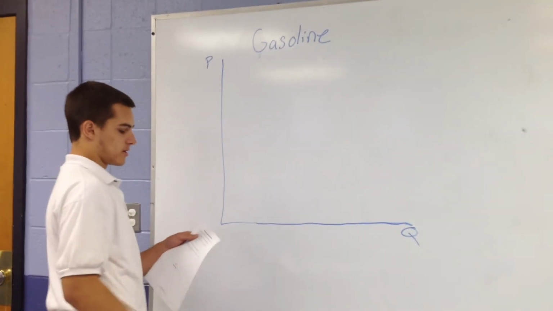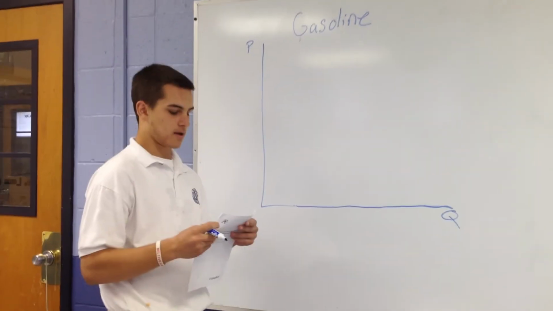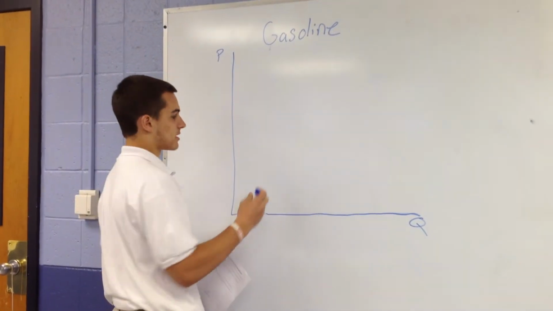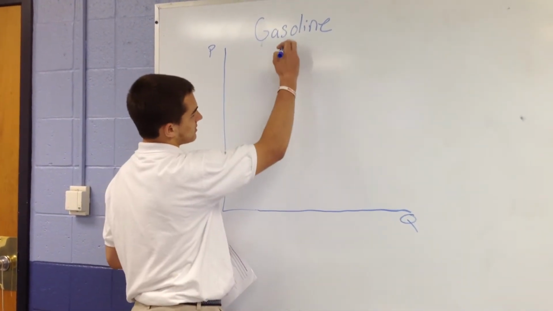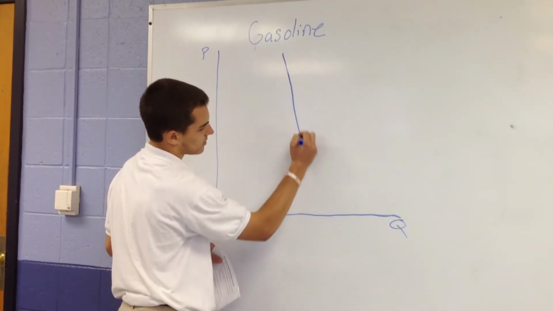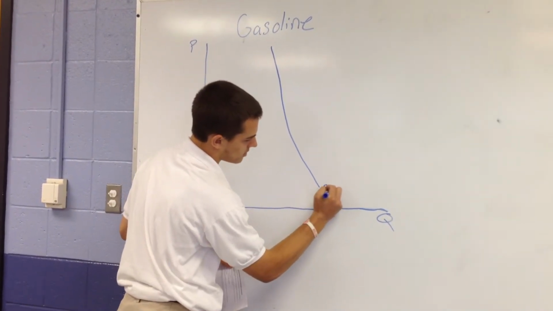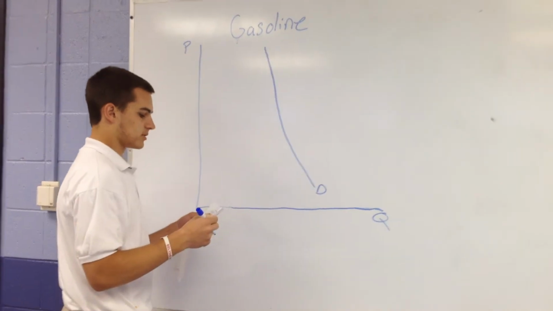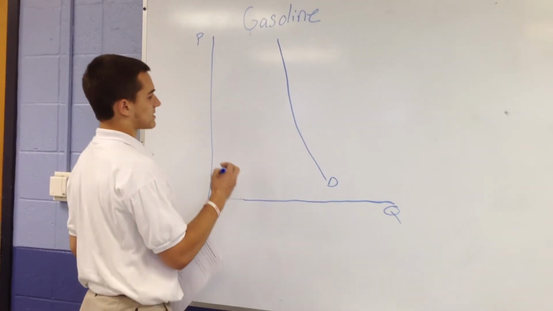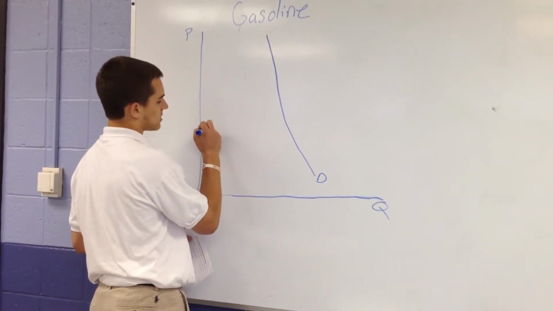And it tells you that the demand is relatively inelastic. So demand would normally be like this. Since it's relatively inelastic, it's going to be almost vertical. And then it tells you that supply is relatively elastic. So the supply curve is going to be almost flat.